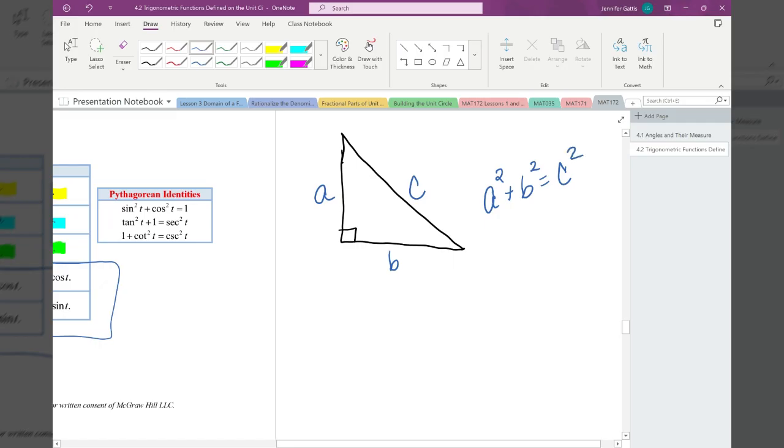Now, if you recall in yesterday's lecture, I mentioned that this formula of x squared plus y squared equaling 1 is the formula of the unit circle.